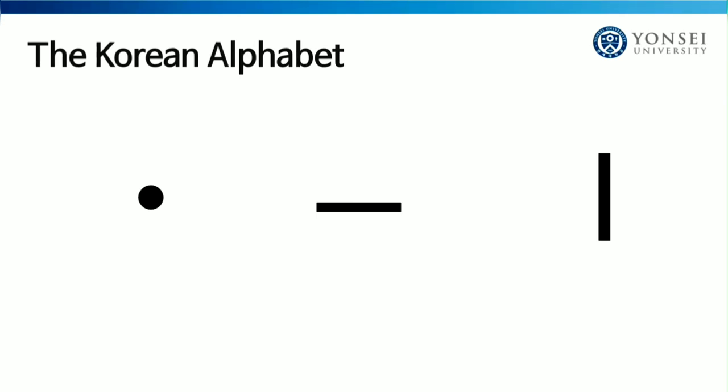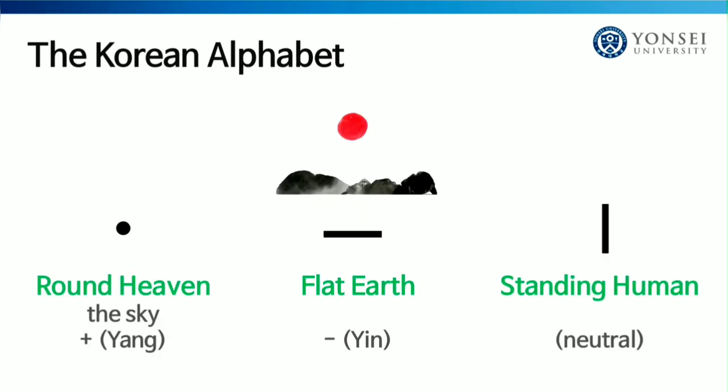Let's take a look at the vowels first. They were made up of these 3 characters. Now, do you know what each of these symbols represents? In Chinese metaphysics, they represent the 3 elements of the universe: heaven, earth, and man.